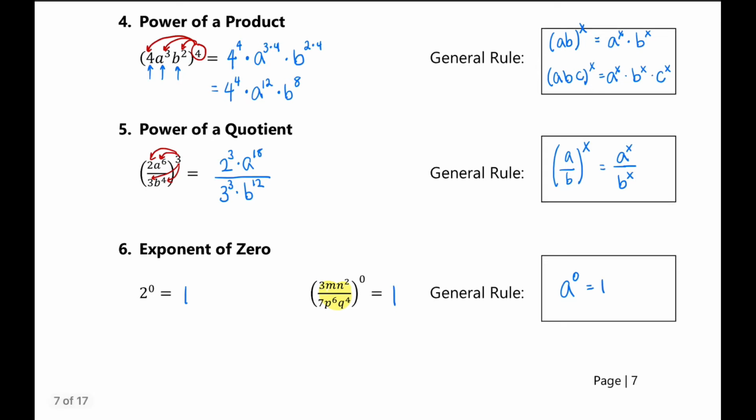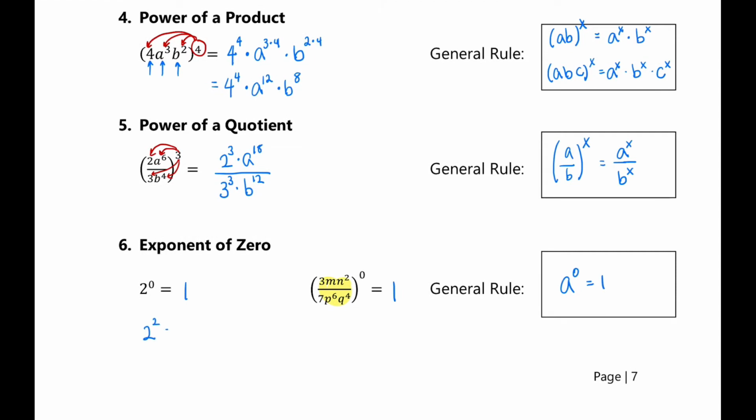The reason why this is true is 2 to the power of 2 is 4. And let's say we want to divide that by 2. Then we get 2. And we're going to divide 2 to the power of 2 by 2. Then we get 2 to the power of 1. Let's try dividing by 2 once more.